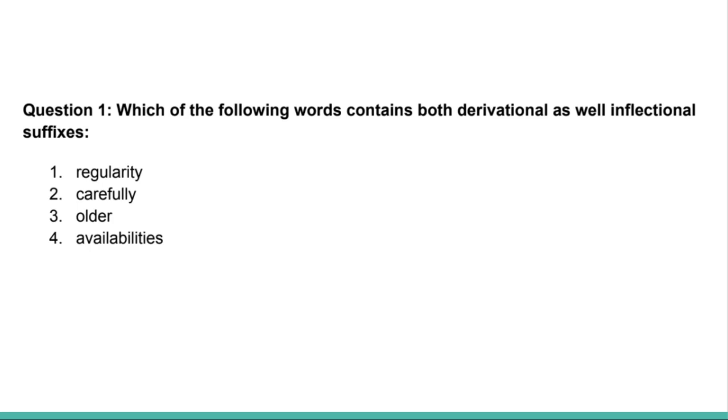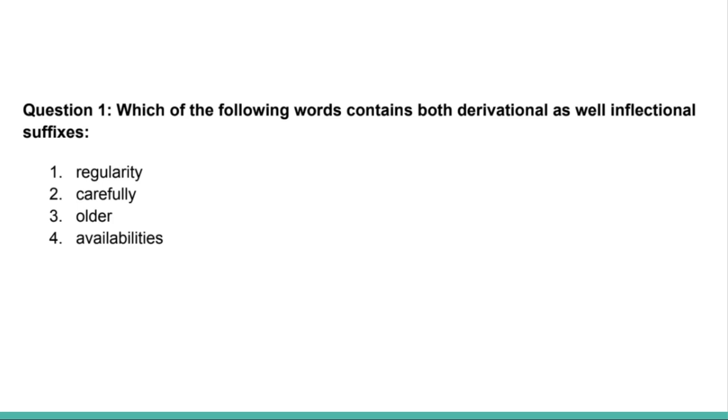Regular, the root form, is an adjective which indicates something uniform or consistent. Whereas regularity is the noun form of the word, which indicates the state of being regular.